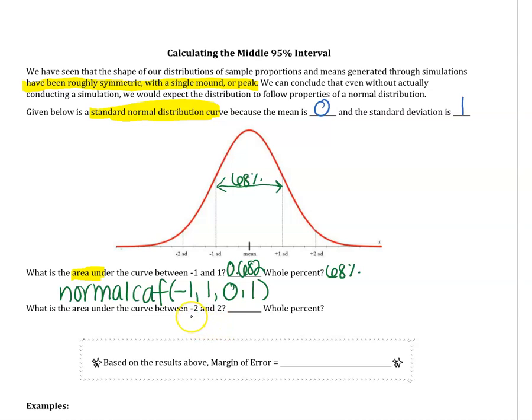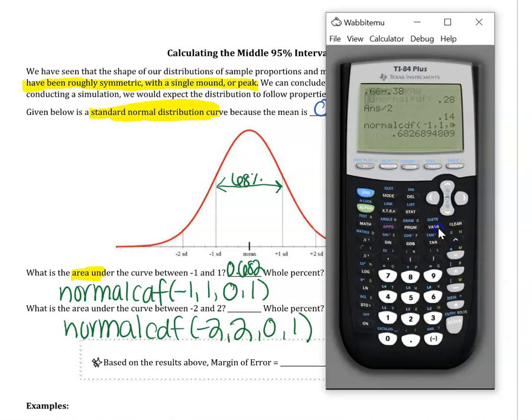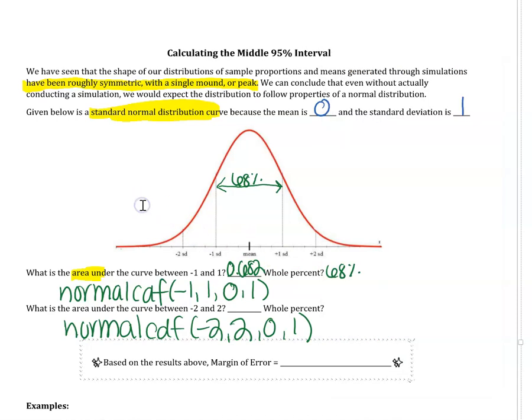Let's do the same thing for between -2 and 2. Okay, so pull up my calculator again. Second vars, option 2, -2, 2. Paste, and I get 0.954. Which means 95%. So I'm finding that between -2 and 2, or within 2 standard deviations, we're getting about 95% of the data.